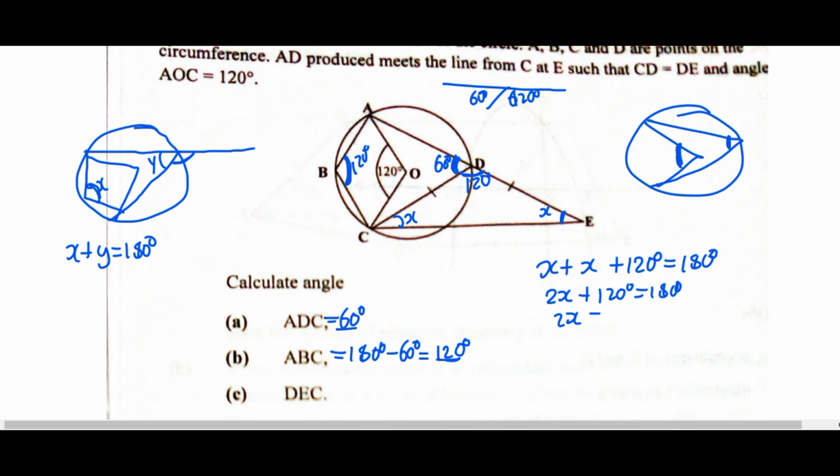We collect the like terms: 120 moves to the other side, giving us 180 minus 120, which is 60. Then dividing by 2, x is equal to 30. So here we have 30, also here we have 30. So DEC is 30.